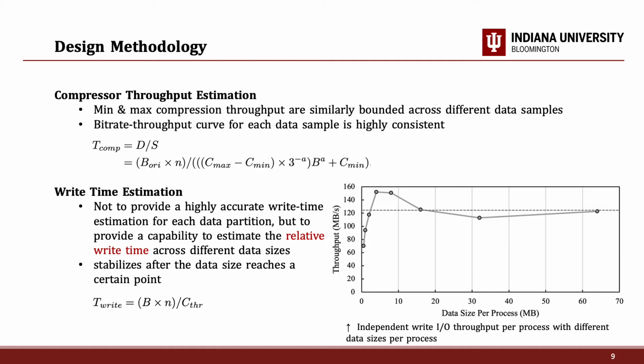However, in our research, we mainly focus on the relative write time across different data sizes instead of the exact write time of each process. So we simplified our model and use the following equation to estimate the write time.